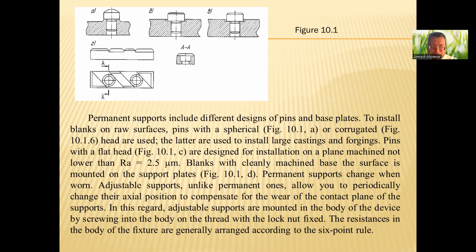In this regard, adjustable supports are mounted in the body of the device by screwing into the body on the thread with the lock nut fixed. The supports in the body of the fixture are generally arranged according to the 6-point rule.